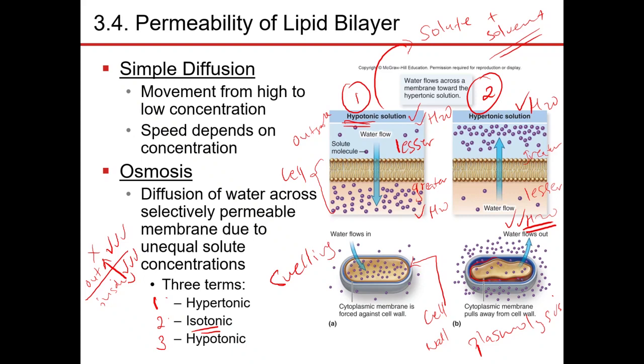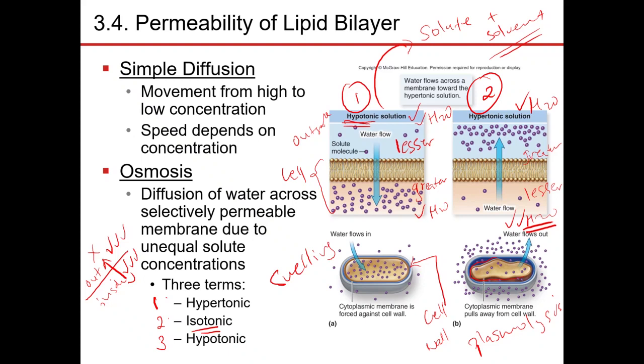So hypotonic means the water potential is greater outside, so water flows in. That is box number 1. In hypertonic solution, water potential is greater inside the cell than outside, so water flows out of the cell. Box number 2.